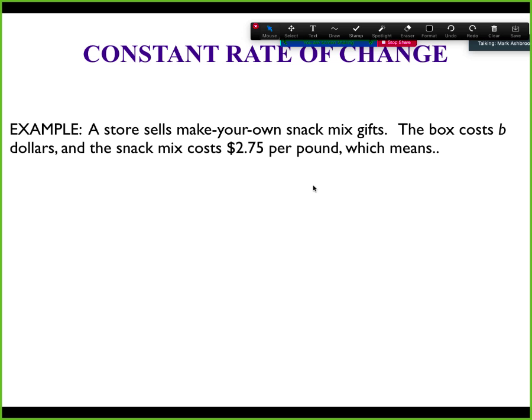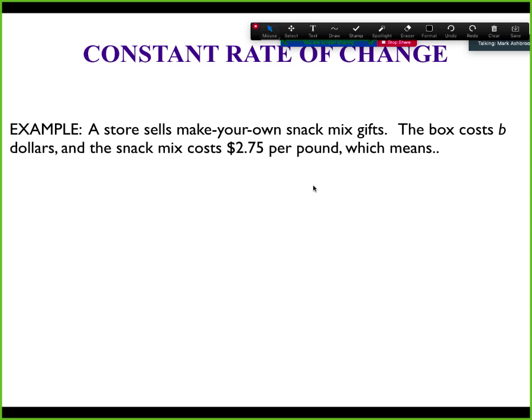Why not? Because you have to add the B. So do you see the difference between the two, right? What we were saying was for any change in number of pounds, for a dx, for a variation in pounds, the cost of the box doesn't matter. The variation in cost, or the change in cost, will be 2.75 times the change in pounds. And that's regardless of how much the box costs, whether there's a box or not.